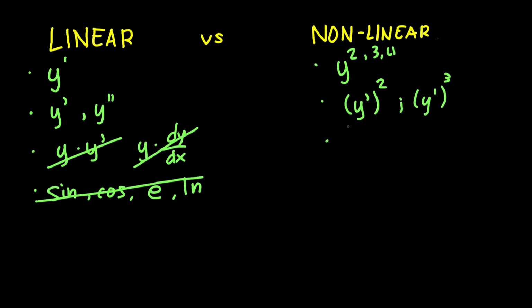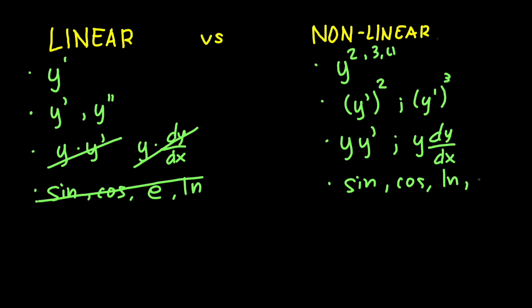And its variable, like y, is multiplied by a y prime. Or when you say something like y multiplied by dy over dx, that is a sign of a nonlinear function. And also, if you see a trigonometric function, sine, cosine, something like that, or a logarithmic or an exponential, that is automatically nonlinear.